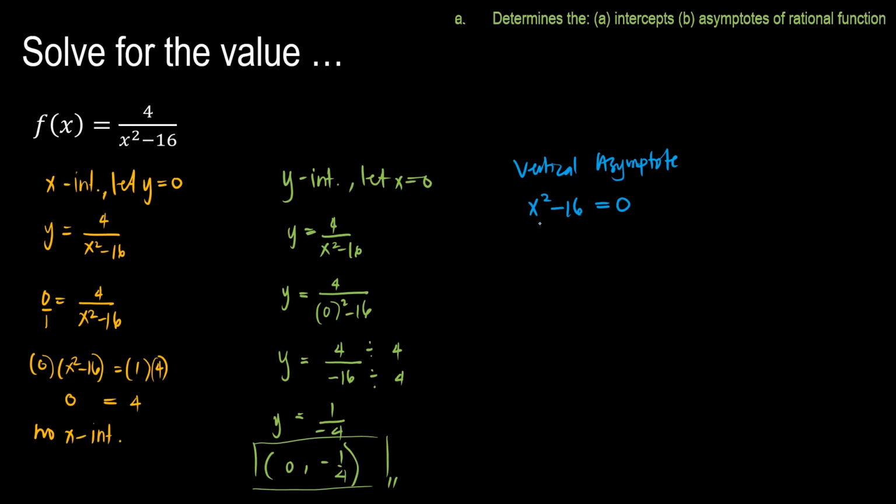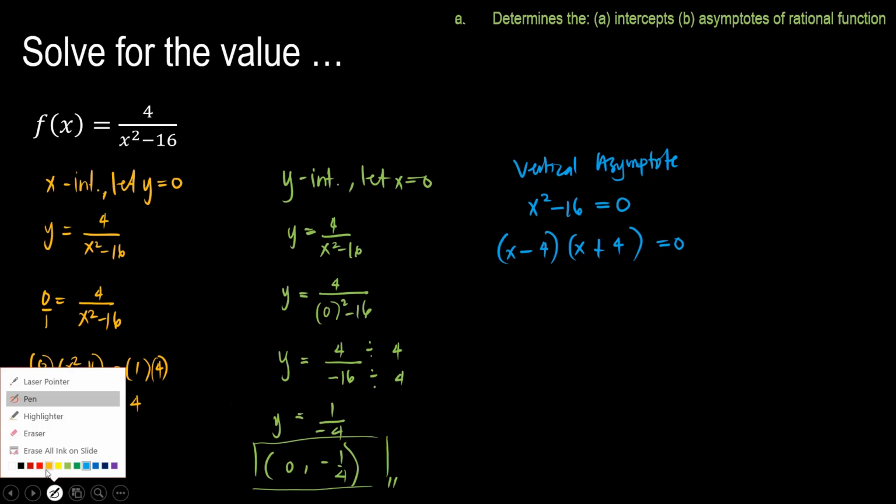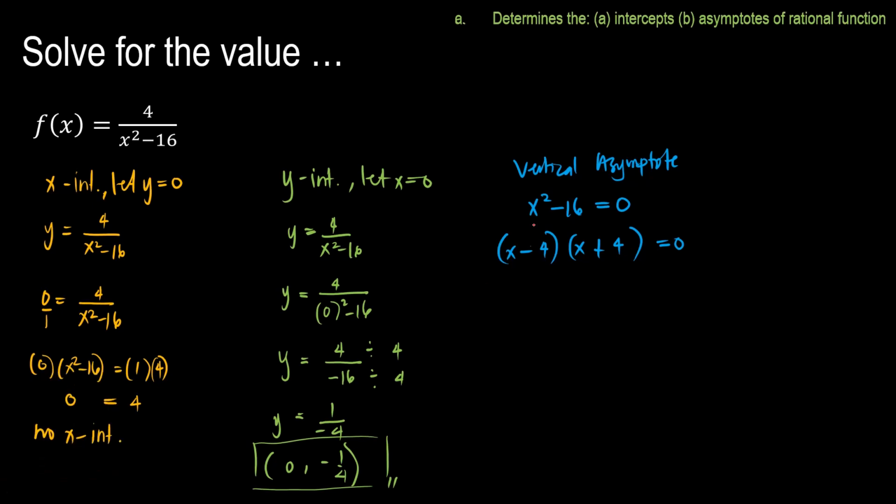So, since our A there is x and our B is 4, okay, so we can do the difference of two squares. Our A is x, our B is 4, then the operation is subtraction and addition, is equal to 0. Okay, so if you are hesitated, again, do the FOIL method and recheck.